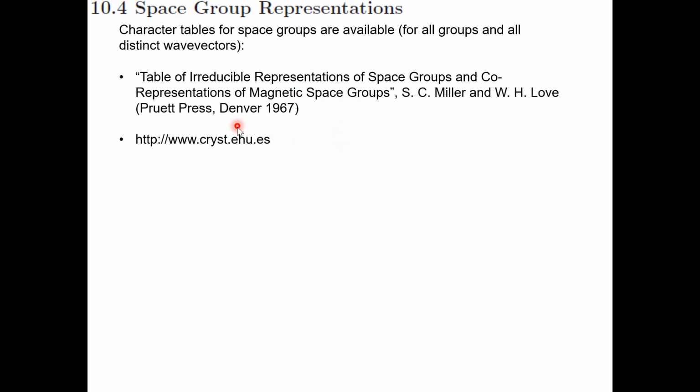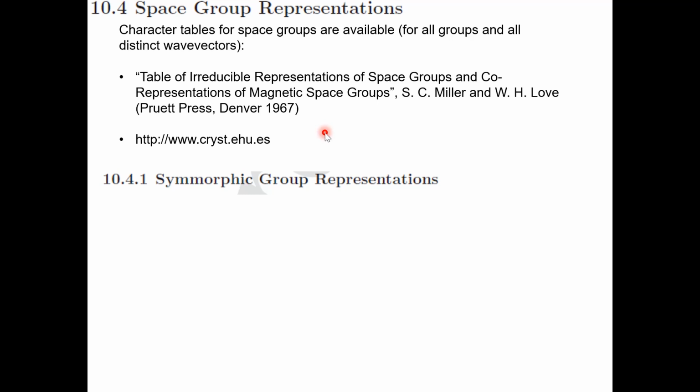But you can also find this information online on this website. So this is all well known and tabulated for all the 230 space groups. I'm going to briefly give you a flavor of how you can obtain those character tables, but as I said, this is already known.